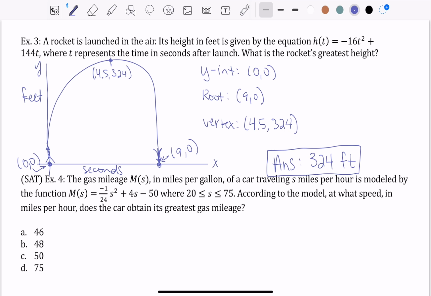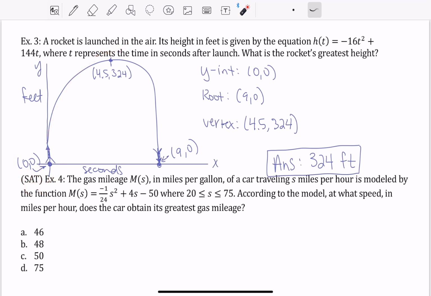I drew my diagram, I graphed it in my calculator, and I found that the y-intercept was (0, 0), the root was (9, 0), and the vertex was (4.5, 324). What I can take away from that is we started here at the origin (0, 0). This is 0 seconds and 0 feet off the ground, so it's on the ground.